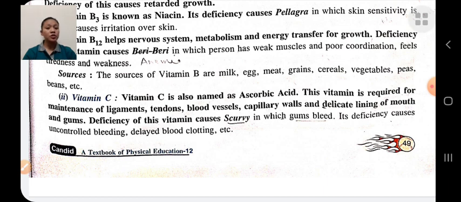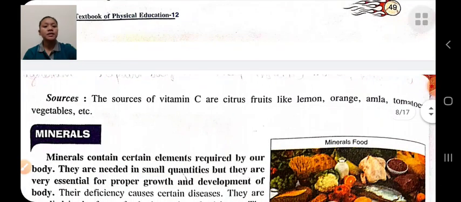If there is deficiency of vitamin C, it causes scurvy and the gums bleed. Its deficiency causes uncontrolled bleeding, delayed blood clotting, etc. Sources of vitamin C are citrus fruits like lemon, orange, amla, tomato, vegetables, etc. This is about the vitamins.